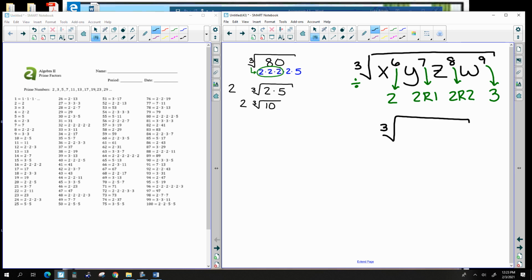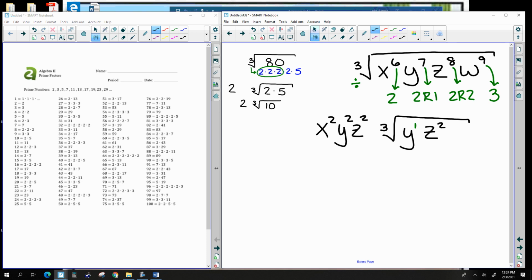So, what is the answer? Of the x's, I'm allowed to take out 2 of them. The y's, I'm able to take out 2 of them, but there is 1 left over. So there's an exponent 1 on that inside y. It doesn't show up because you don't write exponents of 1, but you get the idea. The z's, I'm able to take out 2 of them, but here there are 2 left over.